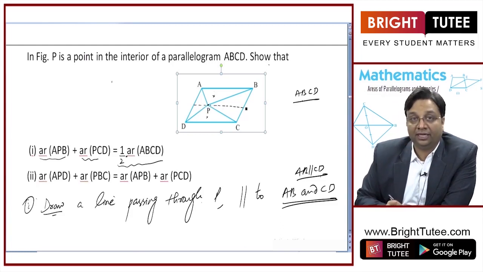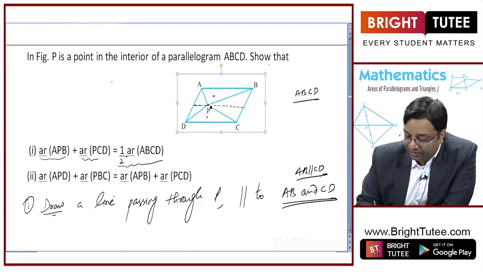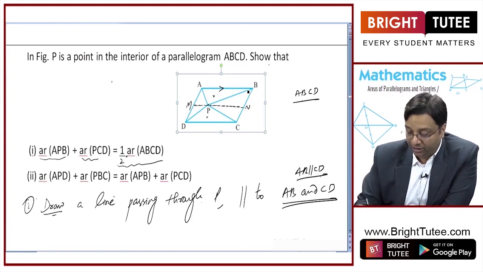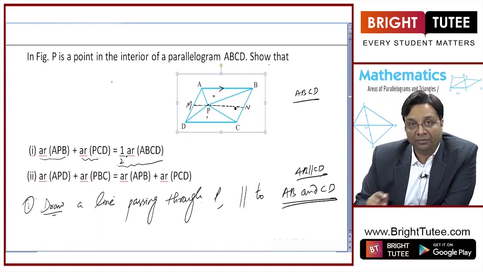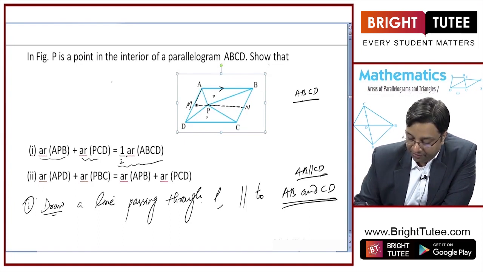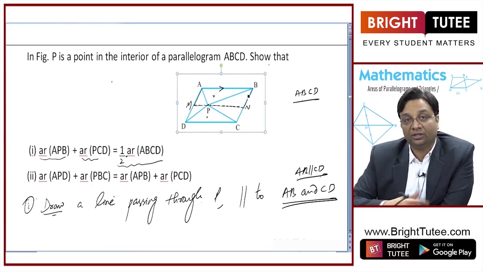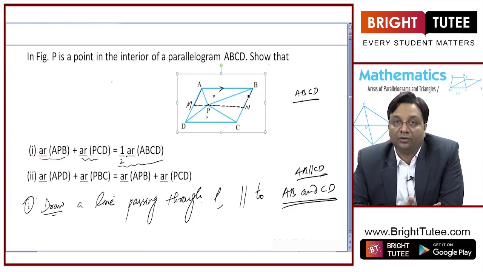And why am I doing that? Because if I draw a line passing through P which is parallel to AB, it will give me a parallelogram here. ABNM is another parallelogram because AB is parallel to MN by construction and AM is parallel to BN because it is given that ABCD is a parallelogram.